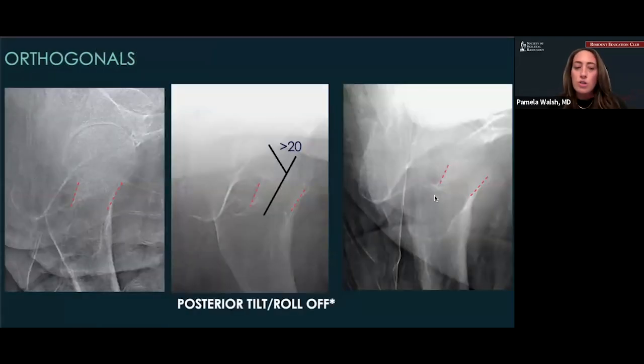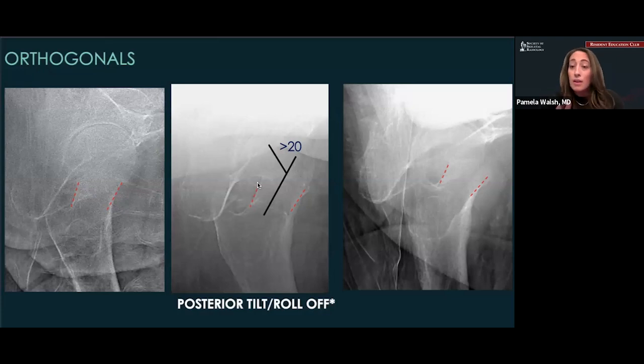So I showed you those images that are just frontal views, but we do need to look at our orthogonals. So here we're looking at our cross-table laterals. Here's a normal cross-table lateral where we see our femoral neck here and then our femoral head here. So there's no displacement here. But on this image, we can see that there's a bit of angulation of the femoral head neck junction here.